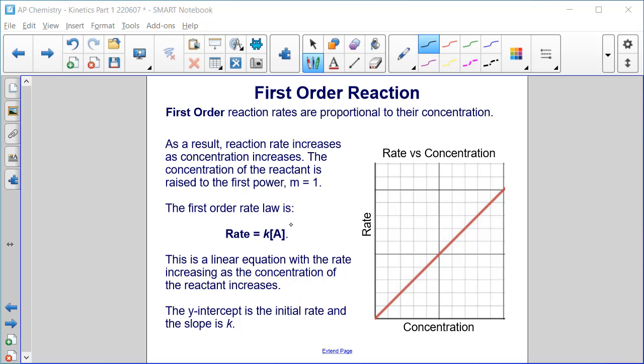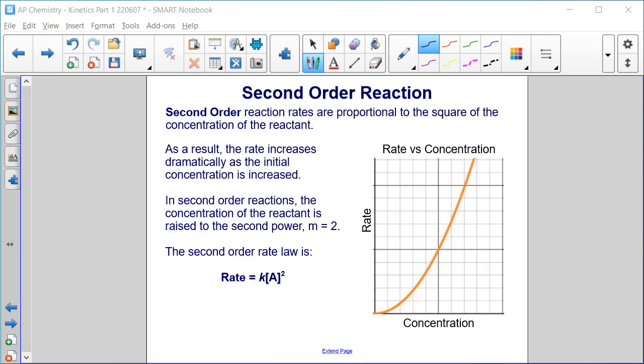This is a linear equation with the rate increasing linearly as the concentration of the reactant increases. So as concentration increases, so does the rate. The y-intercept is the initial rate, and the slope of this line is k. So you can see right here, this is our slope, k.